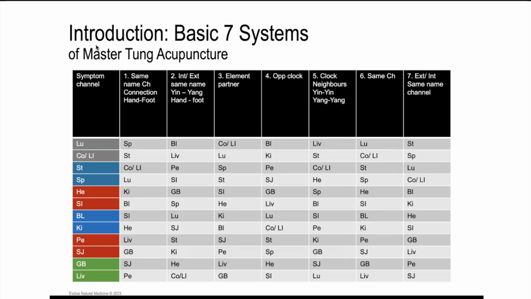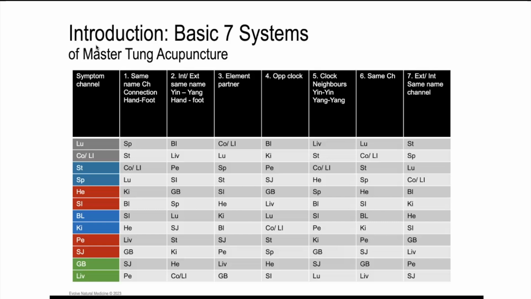And one of the things that I've noticed when we're looking at particularly Tung Acupuncture, because there's a whole series of new points to understand, what quite often practitioners get caught up in is remembering the particular issue, symptoms that a point treats without understanding why. And what we're looking at with these 7 systems is it's helping us to understand why.